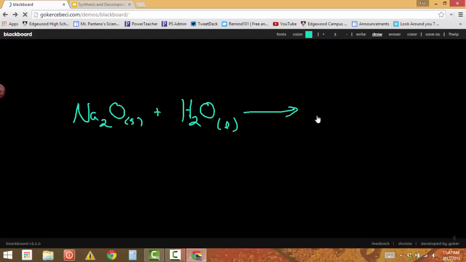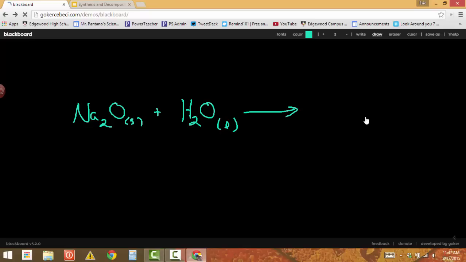We have sodium oxide reacting with water. Sodium oxide, sodium is +1, oxide is -2, so that's going to be Na2O. And it says it's solid, so I'll put my S in there. And we're dropping it into some water, H2O, which is a liquid. Okay? Now, I know I'm only going to get 1 product over here.